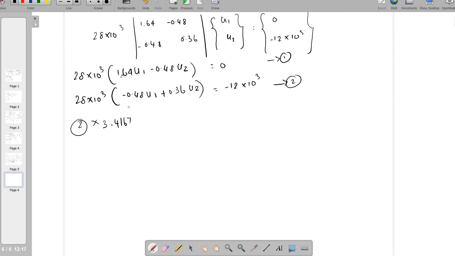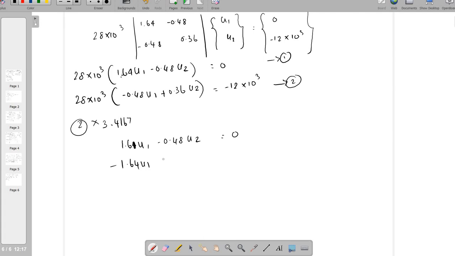So I am going to rewrite this equation: 1.64 u1 minus 0.48 u2 is equal to 0. I am bringing this 28 into 10 power 3 to the right side, so 0 divided by 28 into 10 power 3 is 0. In the second equation, if you multiply 3.4167 into 0.48, it is minus 1.64 u1.